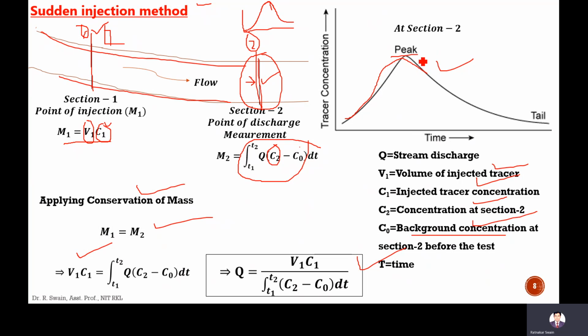This is the peak point. This is called the tail. If there is some initial background concentration, that will be somewhere here in the graph, some minimum concentration, and from that initial point it will start.